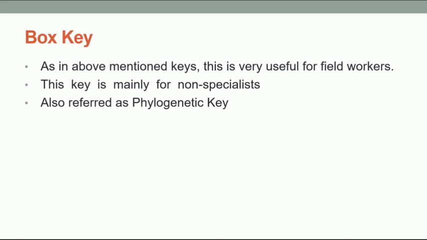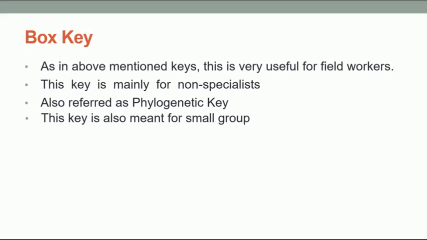Then it is also referred to as a phylogenetic key, because here also, similar to your circular key, whatever characters are selected for the construction show some phylogeny or evolutionary relationship. And this key is also meant for small groups. So you can fit a few species in a box key.